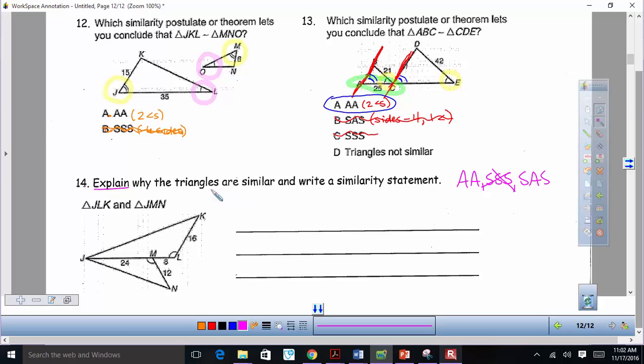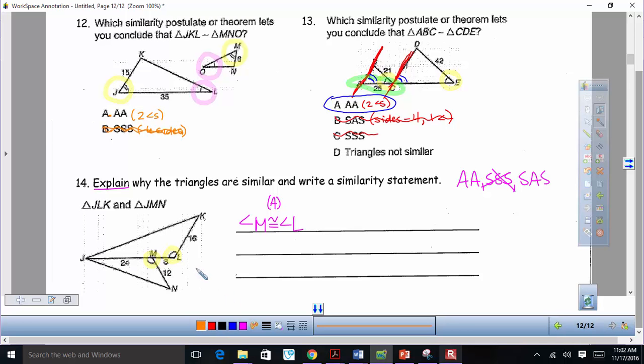So to prove, we want to show a side, or two sides proportionate with the same ratio, and then one angle. So let's go ahead and do the angle, because the angle is always the easiest. What angle is the same here? L and M. So that's what you're going to write. That's how you show is angle M is congruent to angle L. So that took care of my angle. Okay?